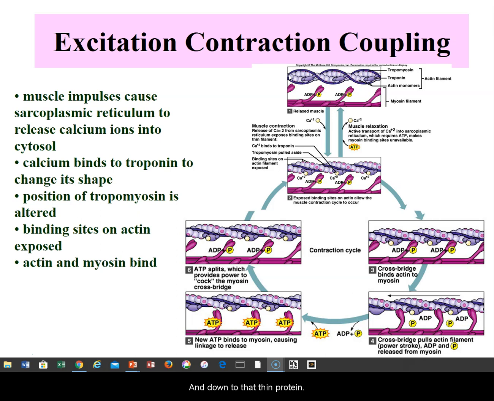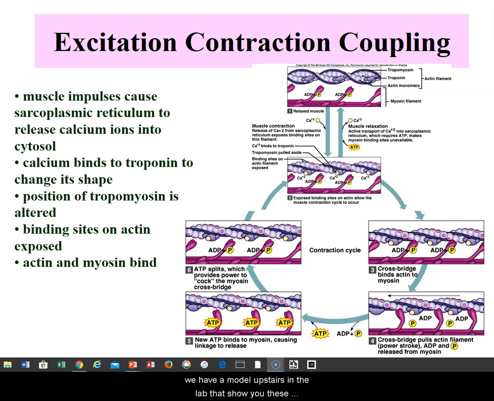And bound to that thin protein actin is tropomyosin, like a thread that encircles a thicker rope. Okay, the thinner protein filament called tropomyosin, and then a globular protein called troponin. So there's the globular protein troponin, there's tropomyosin.